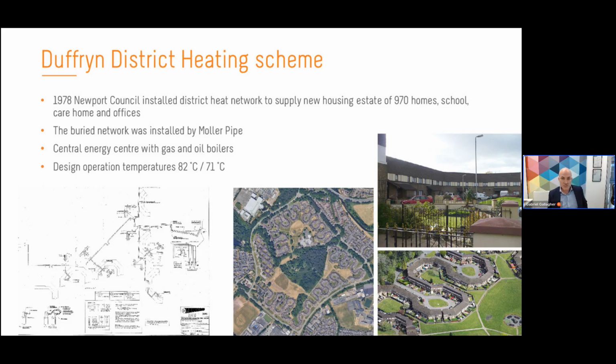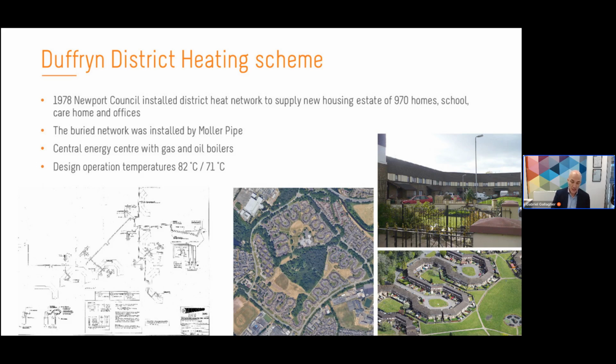The system, the Dufferin District Heat Network, was first installed about 1978. I think it was installed by Newport Council at the time. The scheme supplied heat and hot water to terraced houses and flats, totaling some 970 dwellings, as well as supplies to a local school and care home.